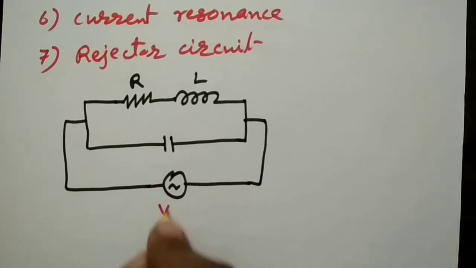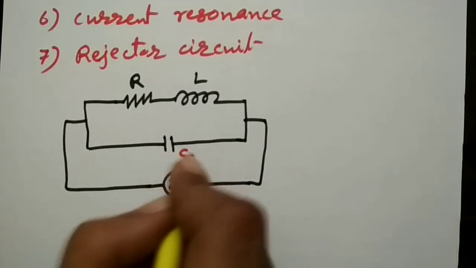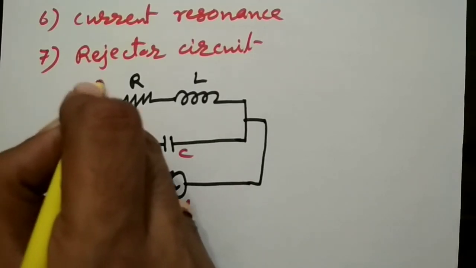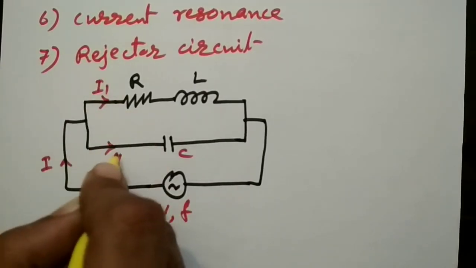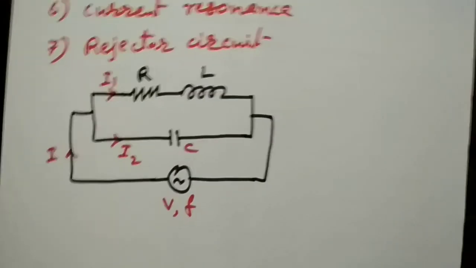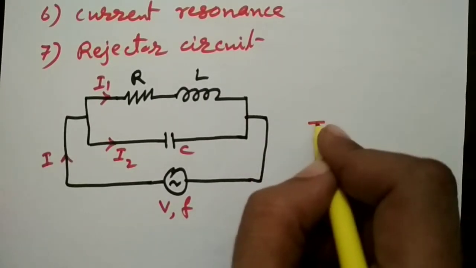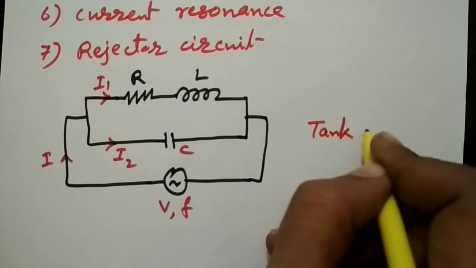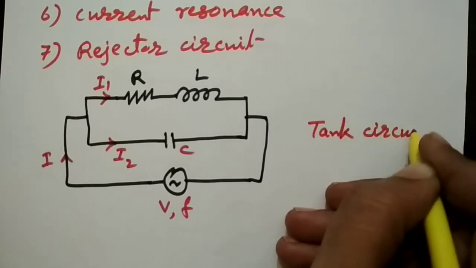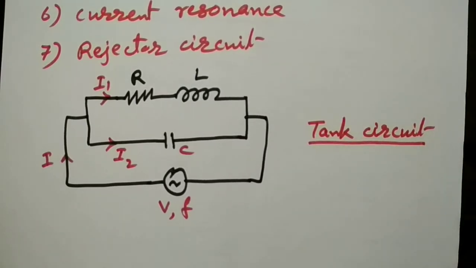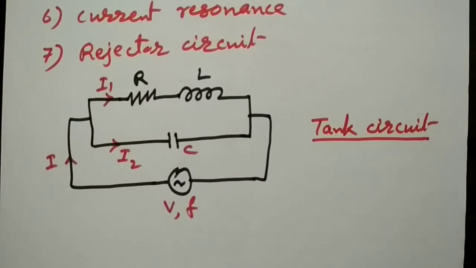So V is the supply voltage, frequency, capacitance, total current, current in the RL branch and current in the capacitive branch. This type of circuit is called a tank circuit and it is basically used in communication purpose.